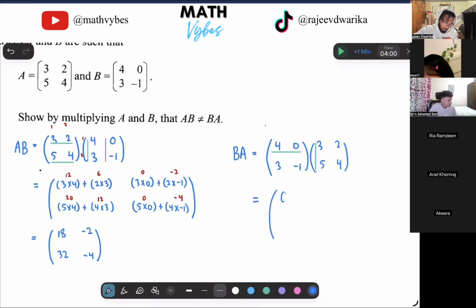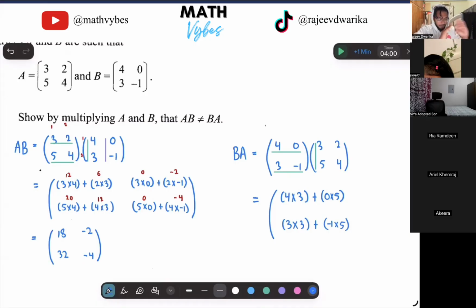So it'll be 4 by 3, and then 0 by 5, and then 3 by 3, and negative 1 by 5. Remember, you're multiplying all the rows by the column. When you finish with all the rows, move on to the other column.